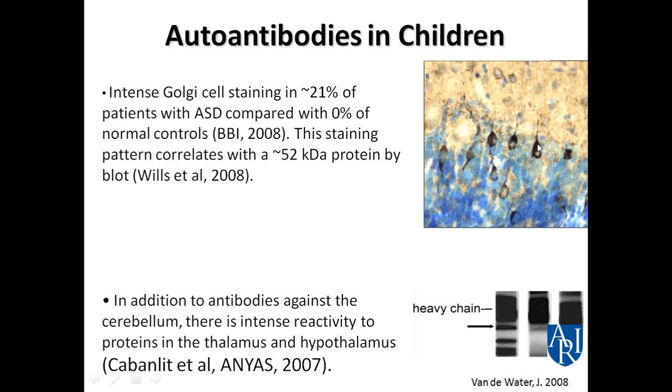What these mean isn't clear. When we looked at this, we couldn't find a specific effect of autoantibodies from children compared to controls. But this is still an open question as to whether a child may be making antibodies directed to the brain in autism.